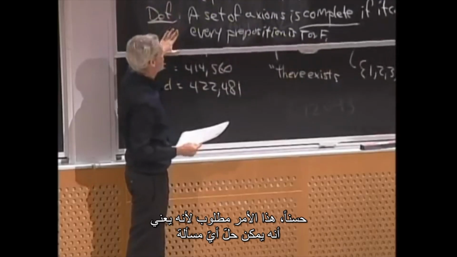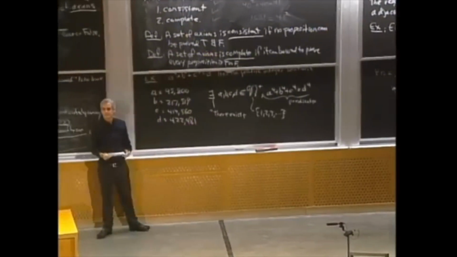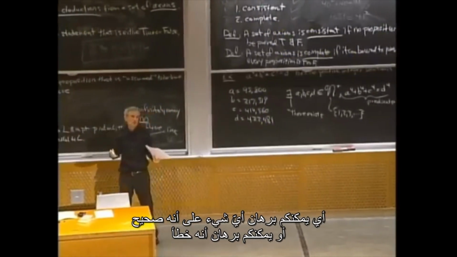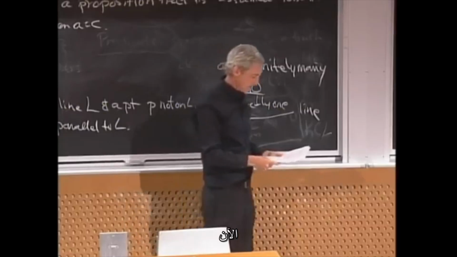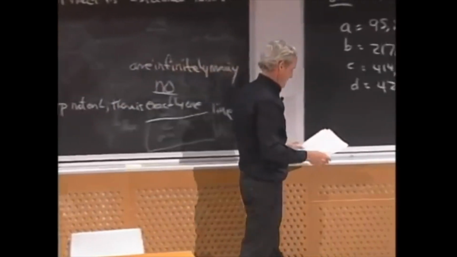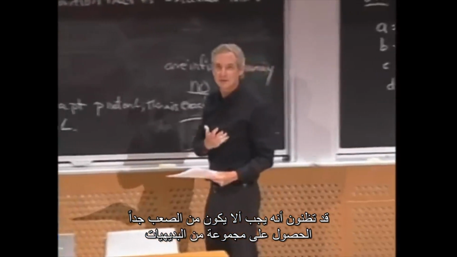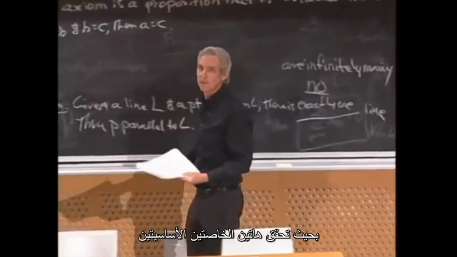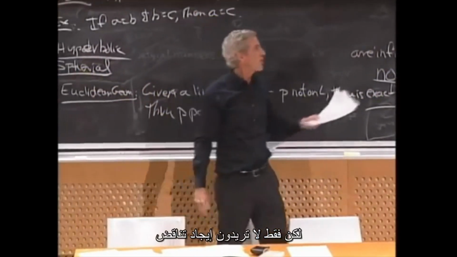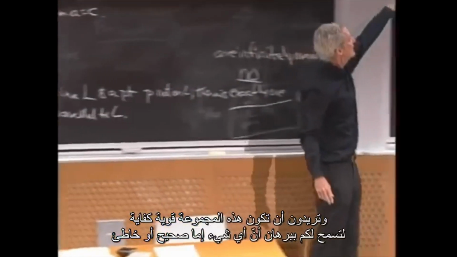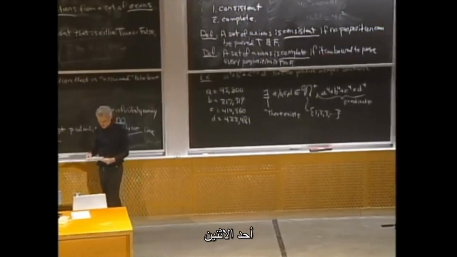Now, this is desirable because it means, well, you can solve every problem. Everything, you can prove it's true or you can prove it's false. You can get to the end. Now, you'd think it shouldn't be too hard to get a set of axioms that satisfies these two basic properties. You're allowed to choose whatever you want, really. Just you don't want to be creating contradictions, and you want a set that's powerful enough that allows you to prove everything is true or false, one of the two.